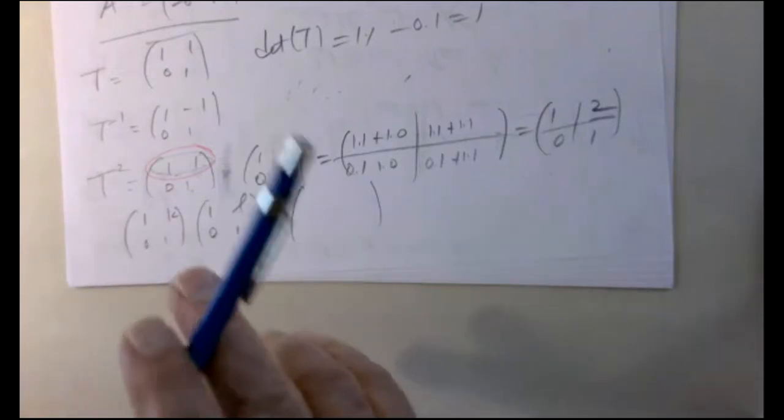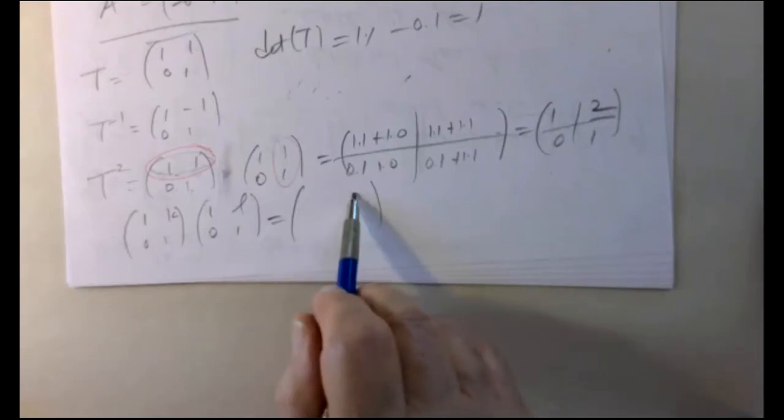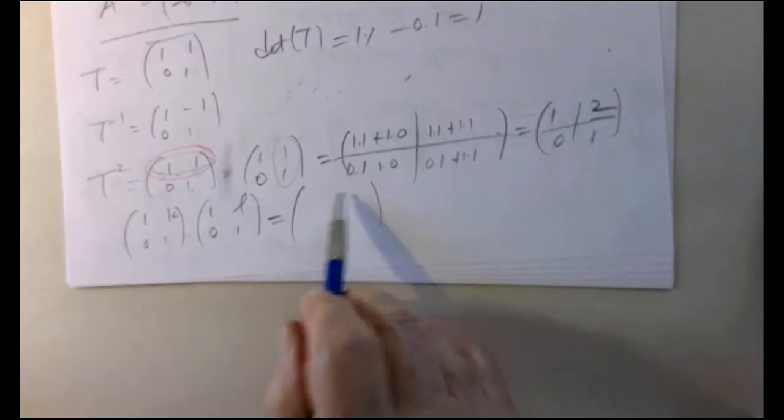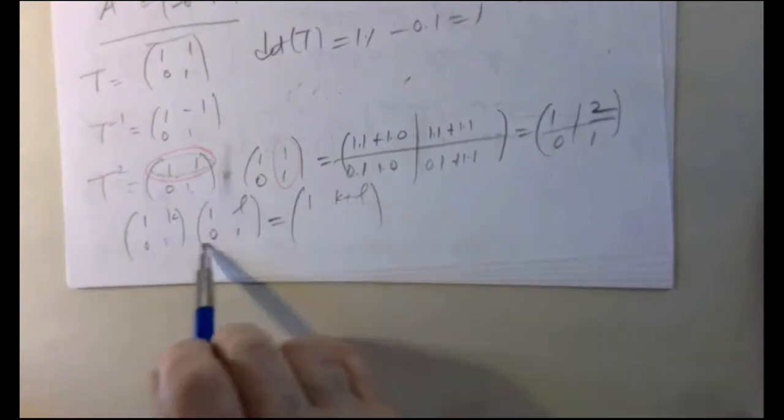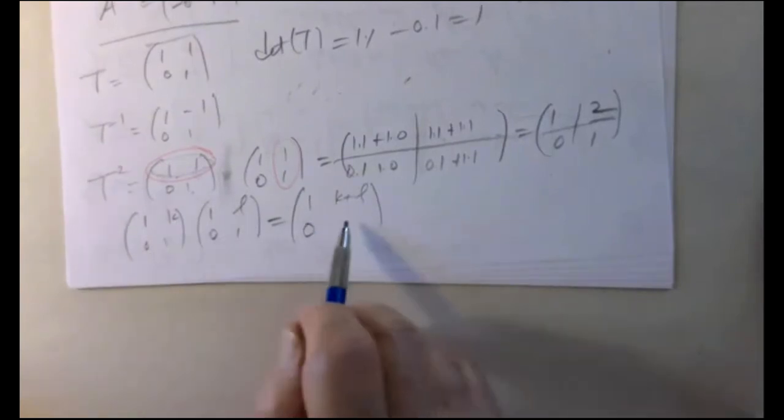And when you multiply these, what do you get? So the product of these two matrices, what is the first row? 1, K plus L, 0, 1.